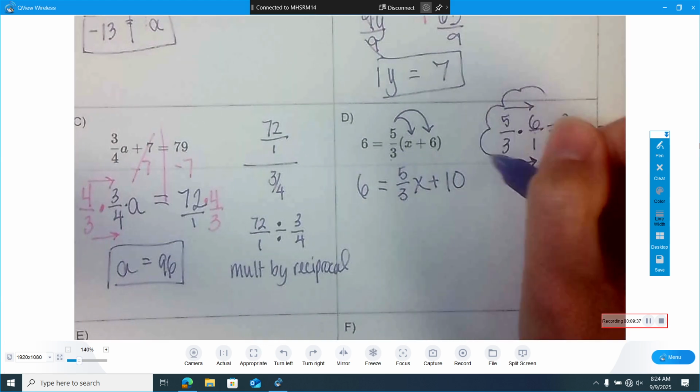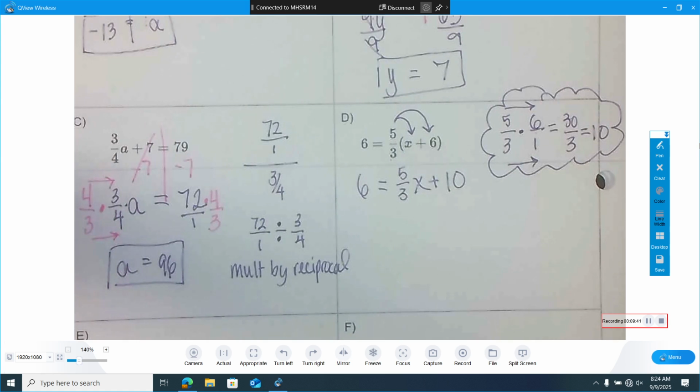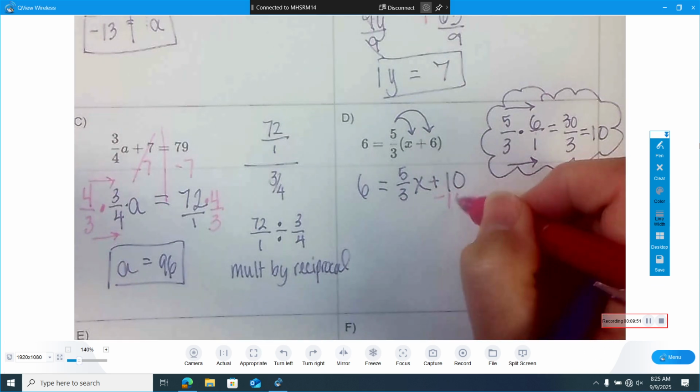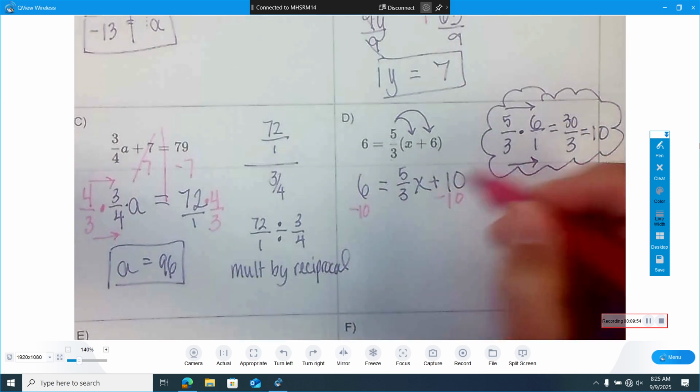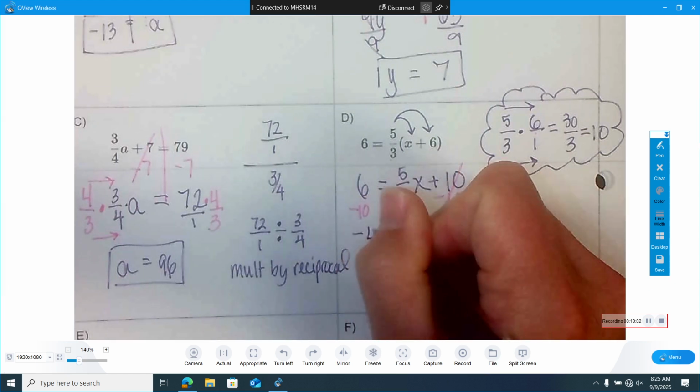So again, we are using our multiplying and dividing fractions skills from before. All right, now how do we isolate x? Subtracting 10 first. Let's do any adding or subtracting first. Subtract 10 from both sides. What is 6 minus 10? -4.